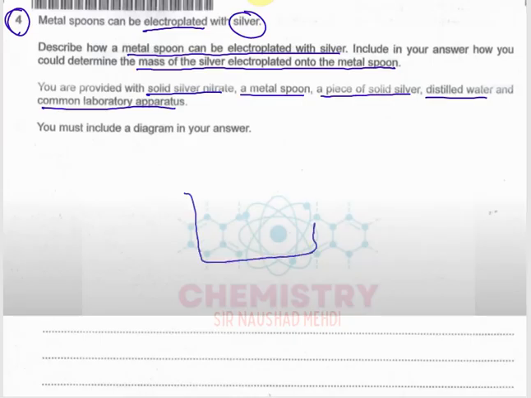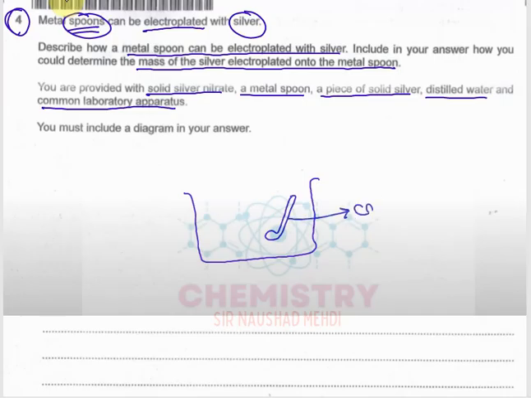You have studied in your syllabus that whatever object upon which you have to do the plating, in our case the metal spoon, must be taken at the cathode.